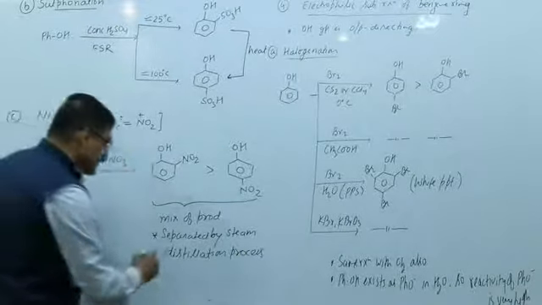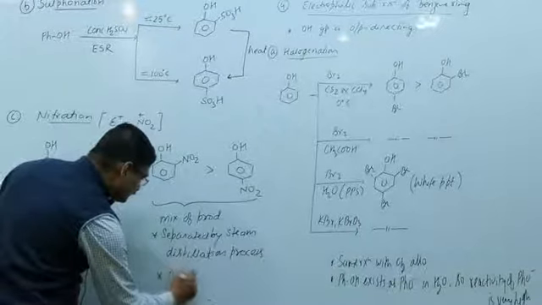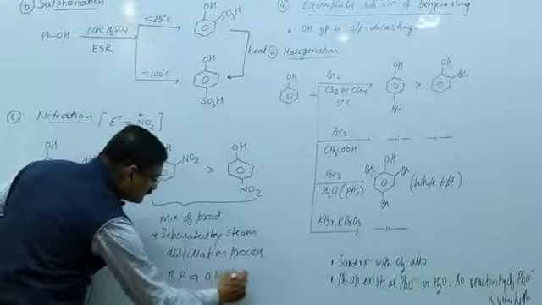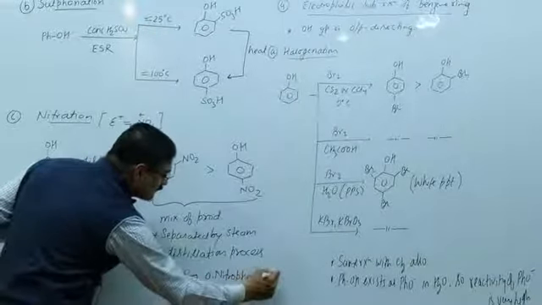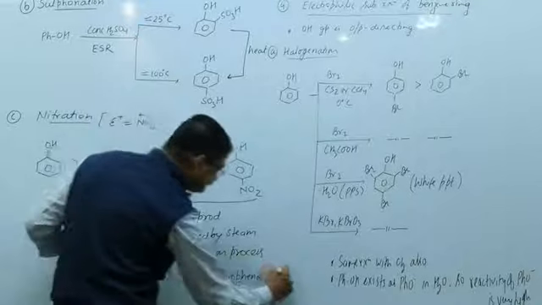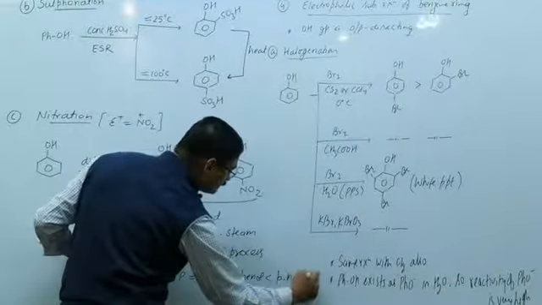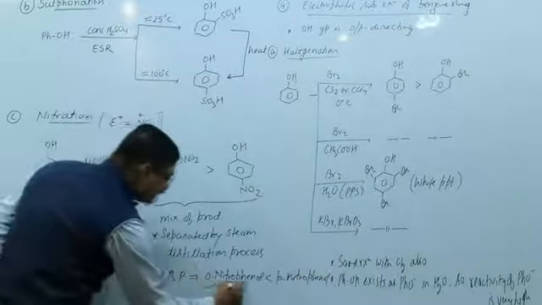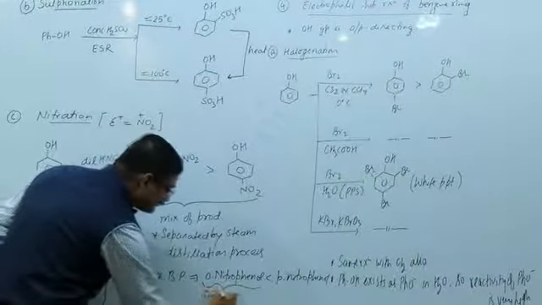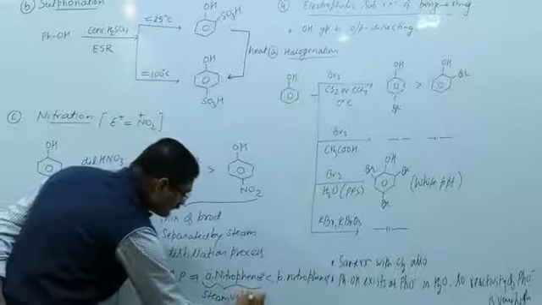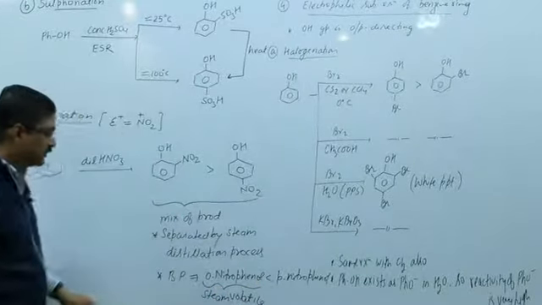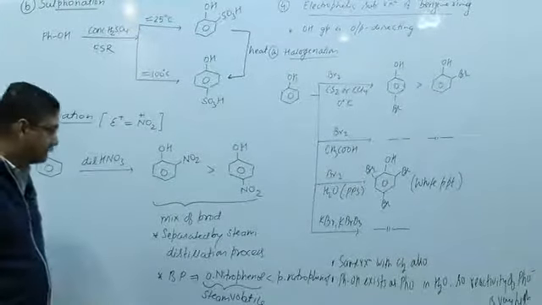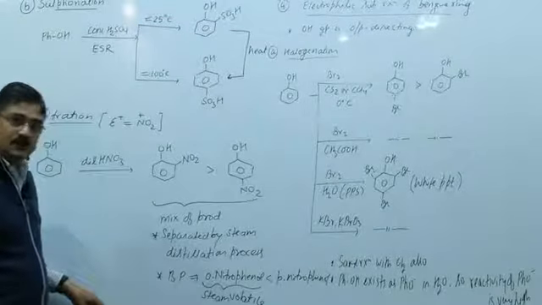The boiling point of ortho-nitrophenol is less than para-nitrophenol. So this is steam volatile. When the boiling point is less, then this compound is removed by the steam. So it is known as a steam volatile compound.